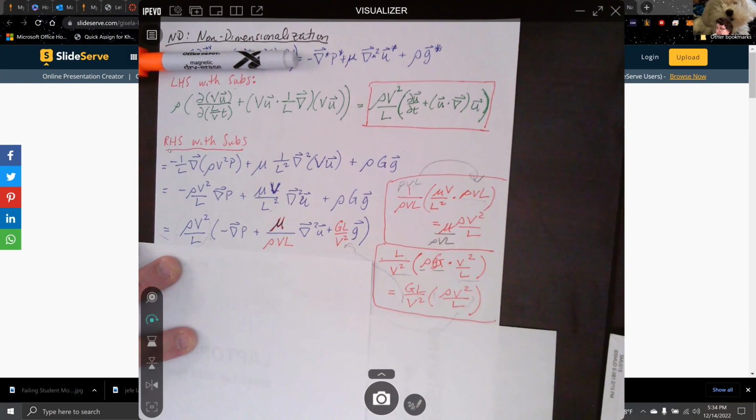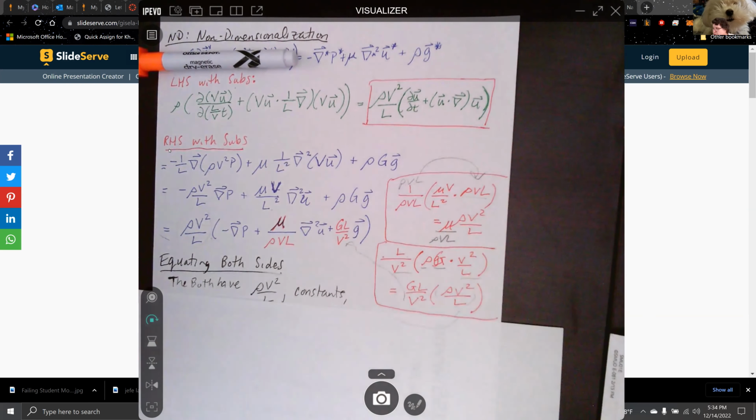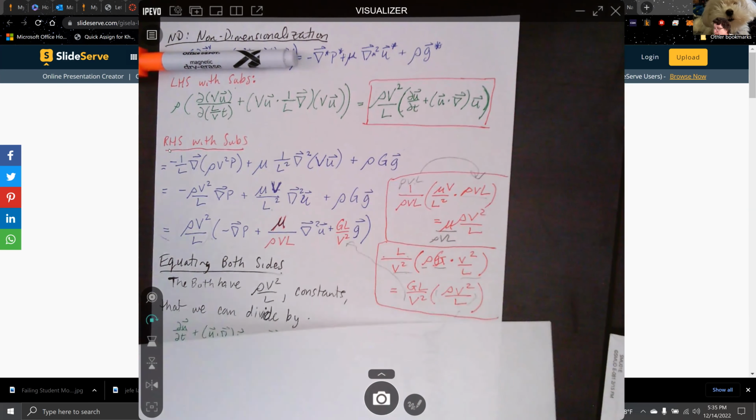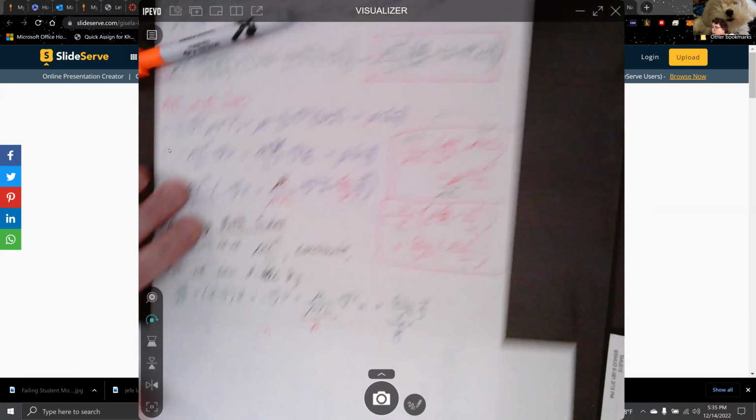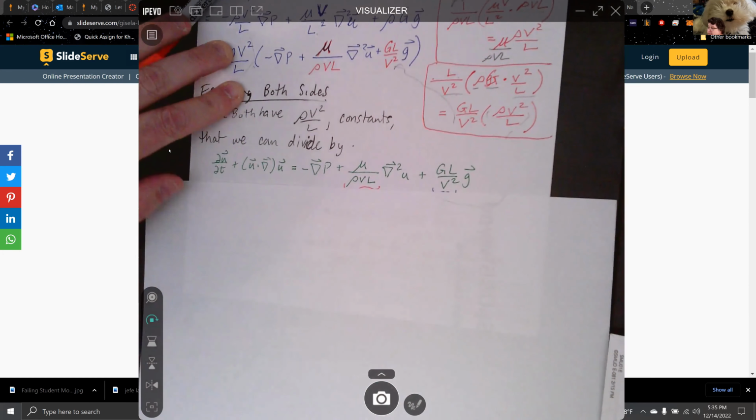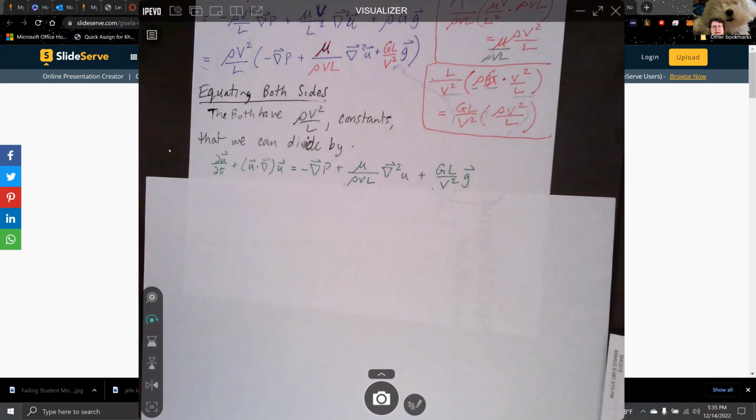So once we've taken out rho V squared over L on both sides, what we're left with is this. We've got the time derivative of the flow velocity plus u dotted with the gradient of u, my bad. That's the left-hand side.